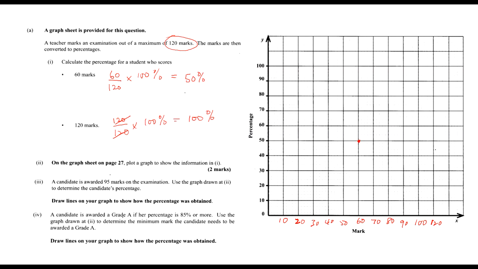You plot 60, 50, and then if we score 120, we get 100%, so that is here. So to plot the information, we should draw a straight line.